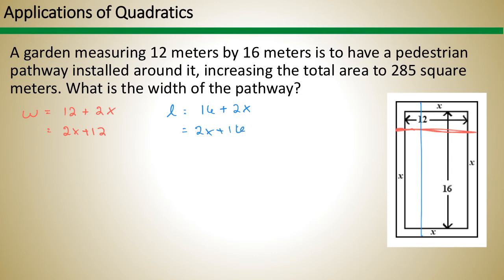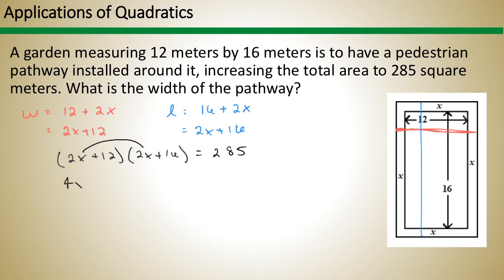Okay, so now if the area of these is 285, I can multiply them together. So 2x plus 12 times 2x plus 16, and that should equal 285. Okay, so first step here is we are going to get rid of these parentheses. So let's distribute 2x times 2x.